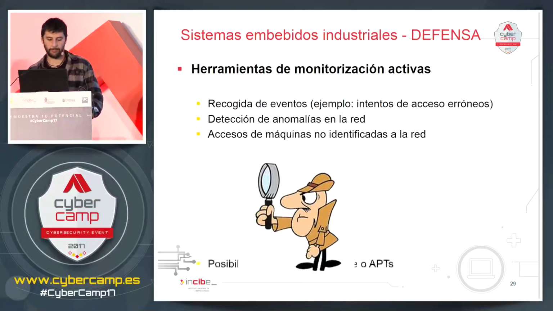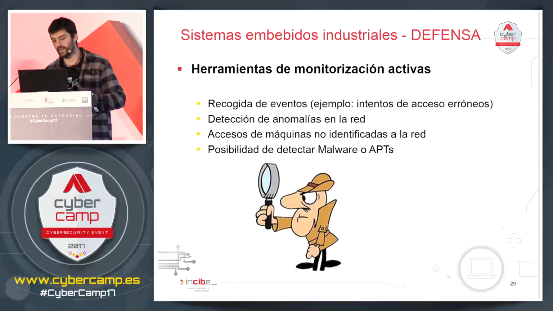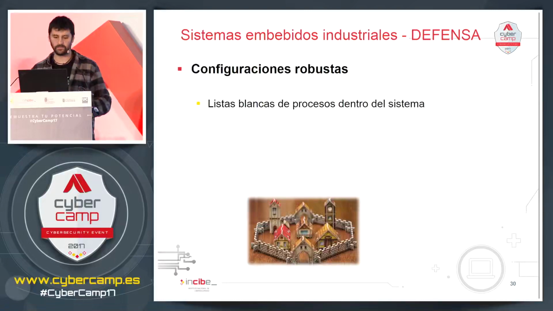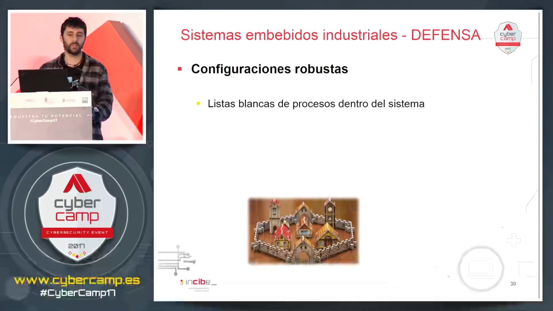So if someone plugs something in your network, you should have some kind of intelligence to detect that. Also, there's the possibility of detecting malware or APTs. You can detect several anomalies and then perform an in-depth analysis with PCAPs or with files that you think contain some malware.